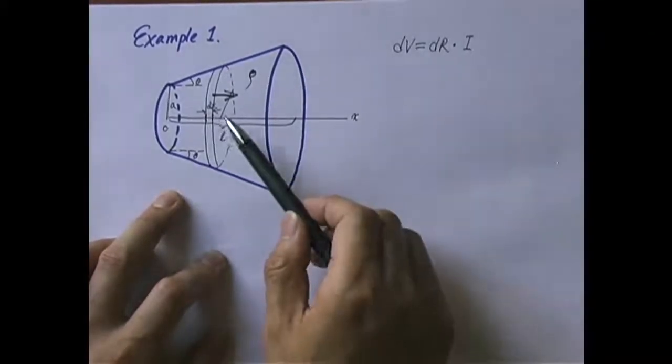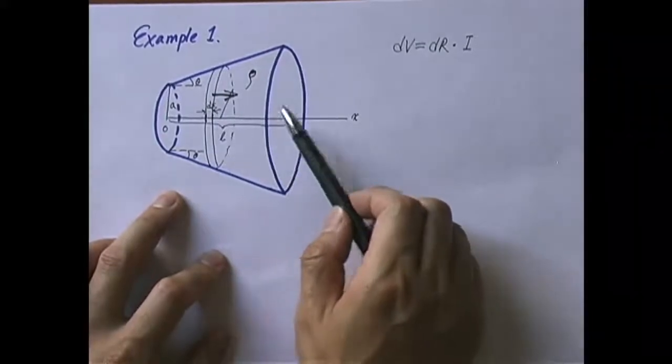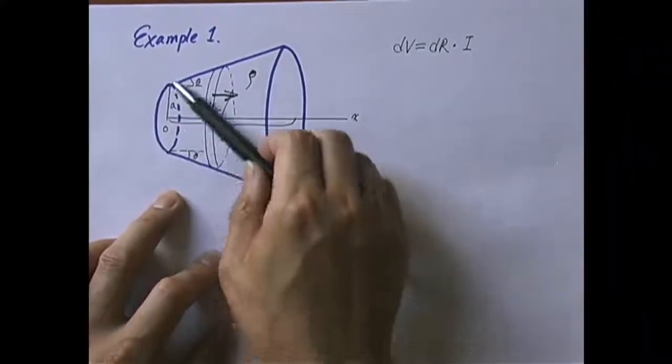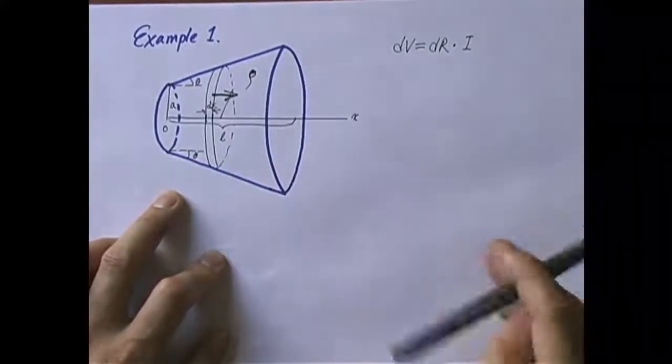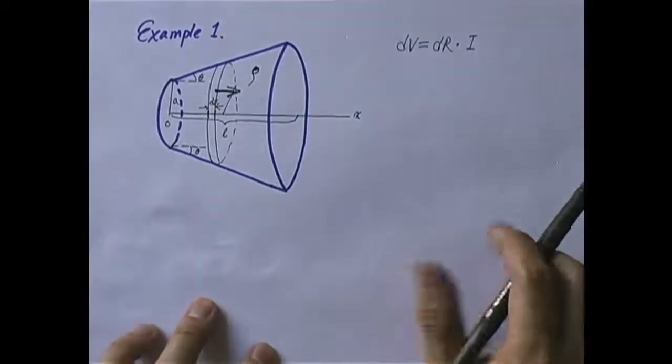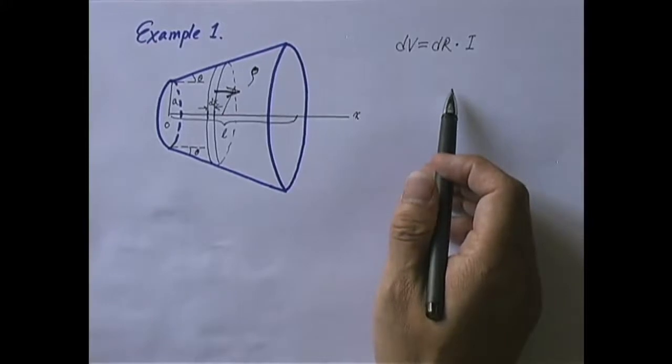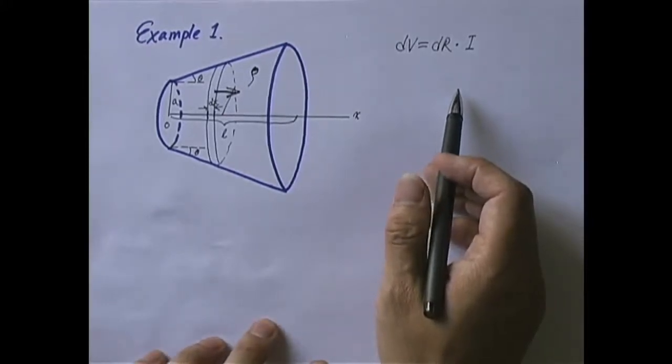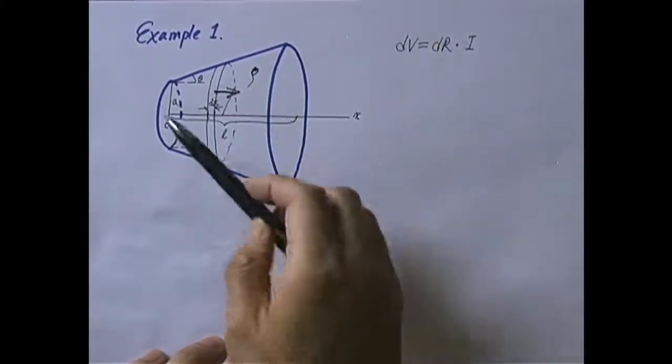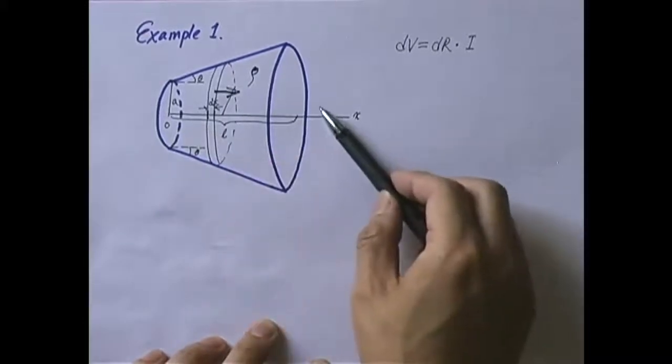Now be careful here. The current is the same throughout every one of these layers. The current flowing through here and the current flowing through there are exactly equal to each other. So I is really the same for every layer. Why is that? Because otherwise, suppose you got more current flowing in and less current flowing out.